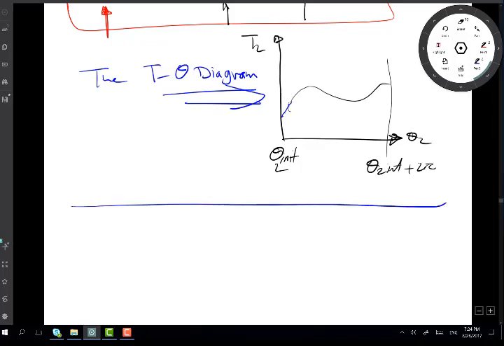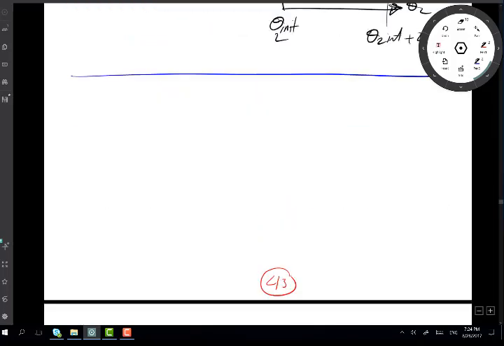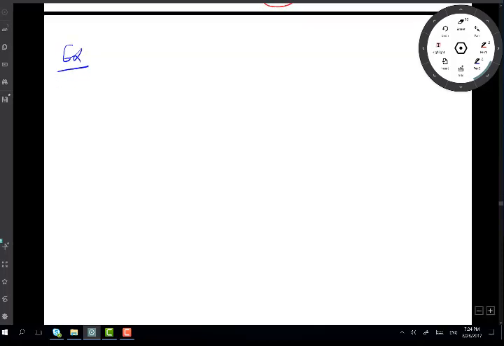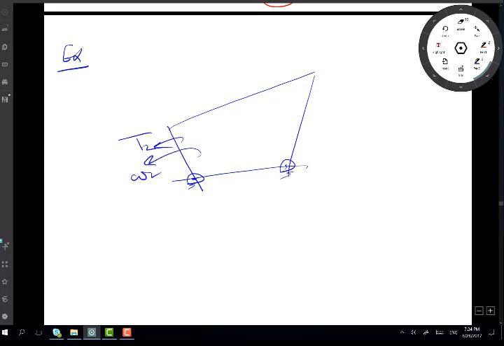Now let's do another quick example. Let's do a 4-body chain, for example. So if I have a 4-body chain like that, and this is ω2, torque T2, and ω4, and the torque T4 is trying to stop this from rotating.